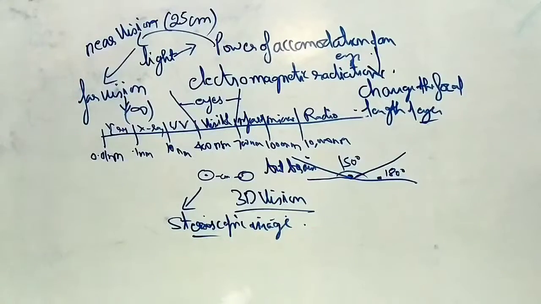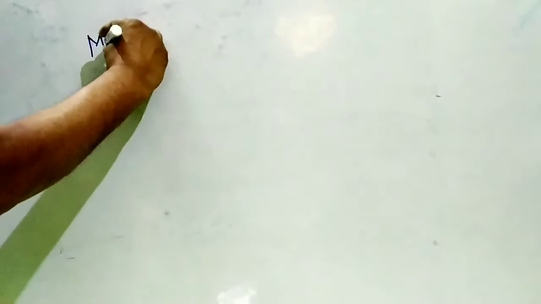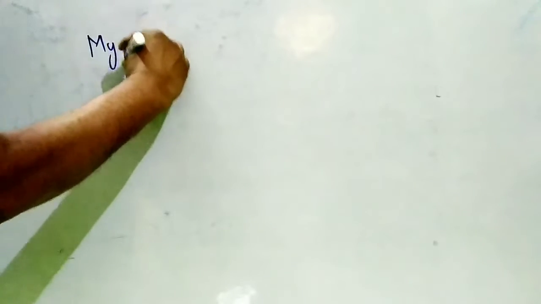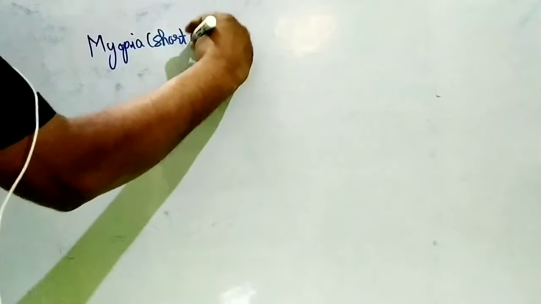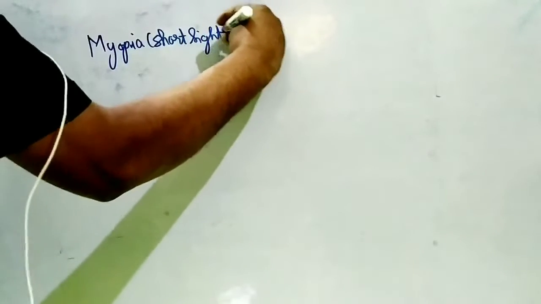Now this is about the eyes, but in the eyes we also have certain defects. So today we have to discuss the certain defects which are produced in the eyes. Our first defect is myopia. Myopia means short sightedness.